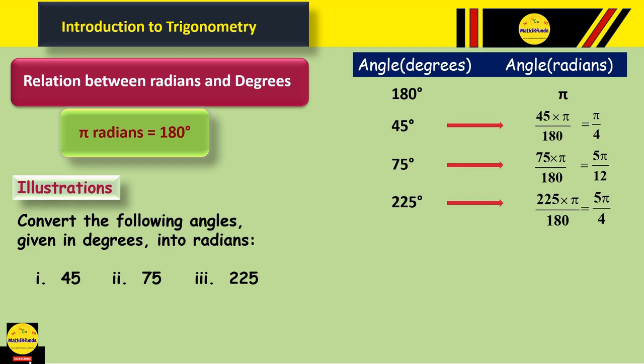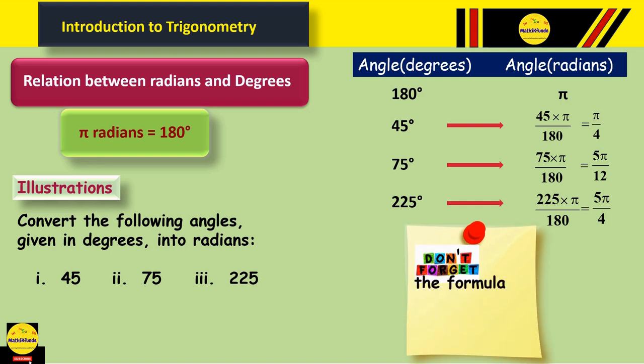So just some 3 angles I have shown how to convert degrees to radians. Similar examples you can try on your own, where you will be converting radians to degrees, and there we will be starting from pi radians equal to 180 degrees. Now remember this formula is pi radians equal to 180 degrees.